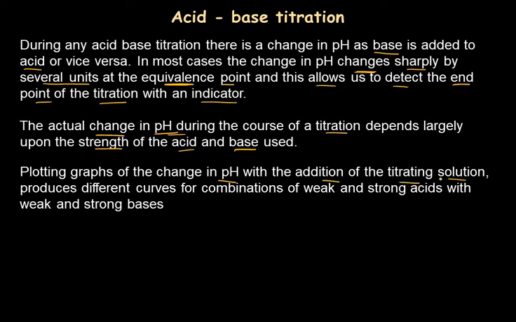Suppose we have taken an acid in the conical flask and we are adding a base to the acid, then we can plot a graph for the change in the pH. Different curves will be obtained for the combinations of weak or strong acids with weak or strong bases. What these different curves are, we will see in this video.